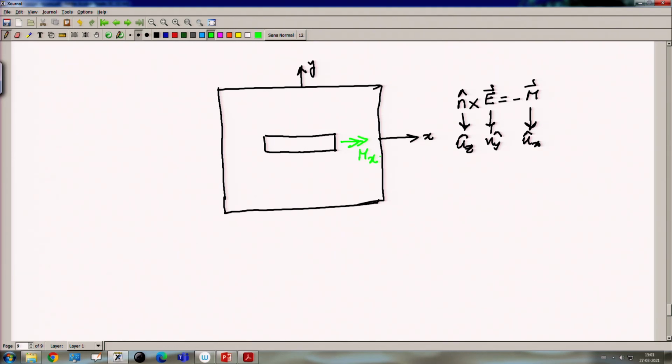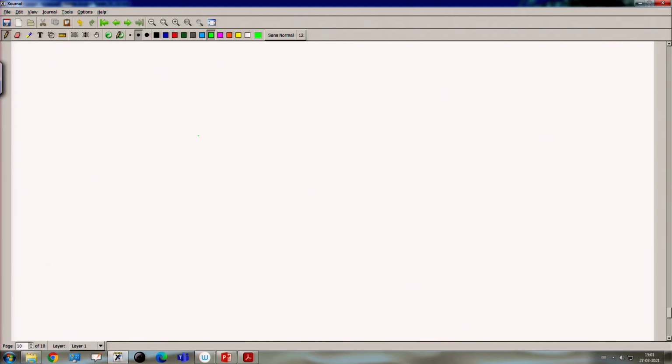Therefore, the slot electric field, which is directed along the y direction with the maximum along the y direction, can also be replaced by the equivalent magnetic current through this relationship, which is directed along the length of the slot.